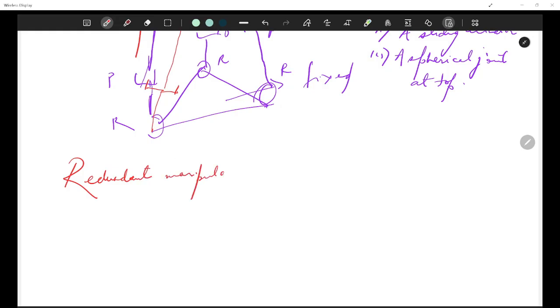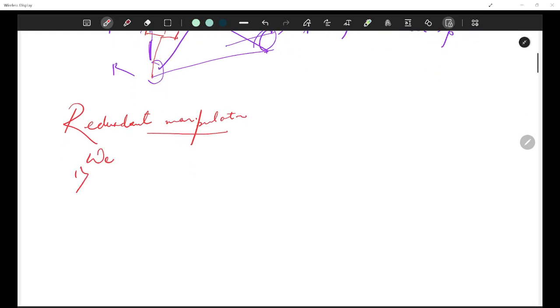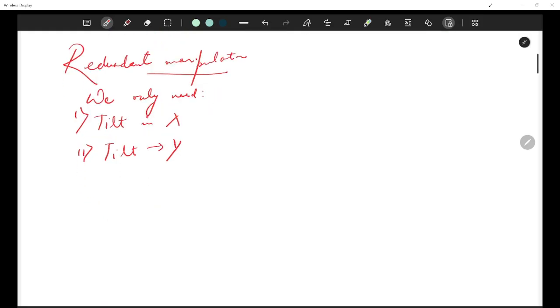And why do we call it redundant? What do we need? We only need tilt in X and tilt in Y. That is it. But what do we have? We have three legs. So one actuator is extra.